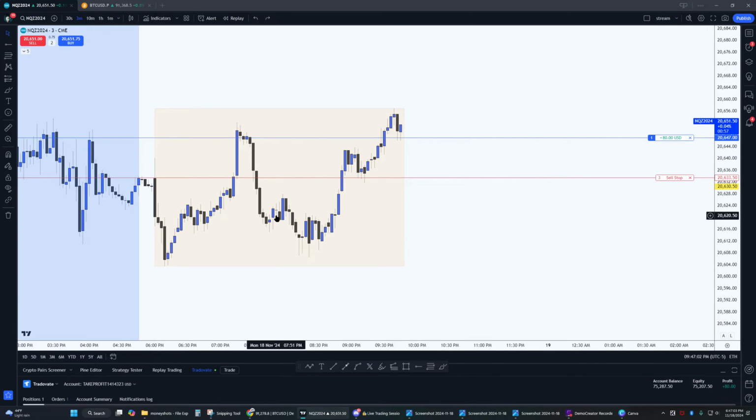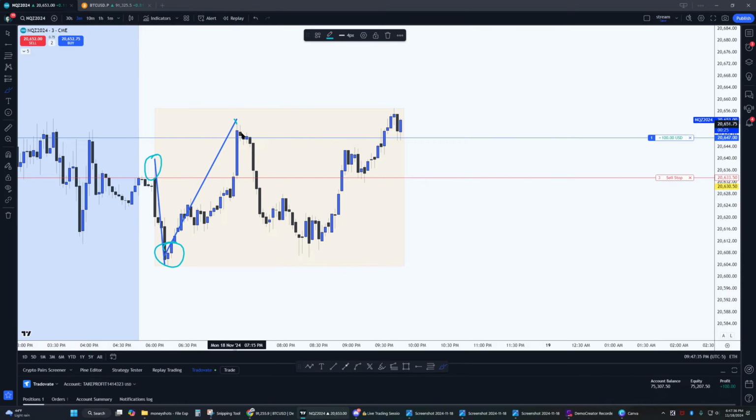So in this example here, we had exactly what I was just teaching you guys happen. We had a lower low, taking out that low, that makes this a strong high. So then once price came up to here, broke it, that makes this a strong low.